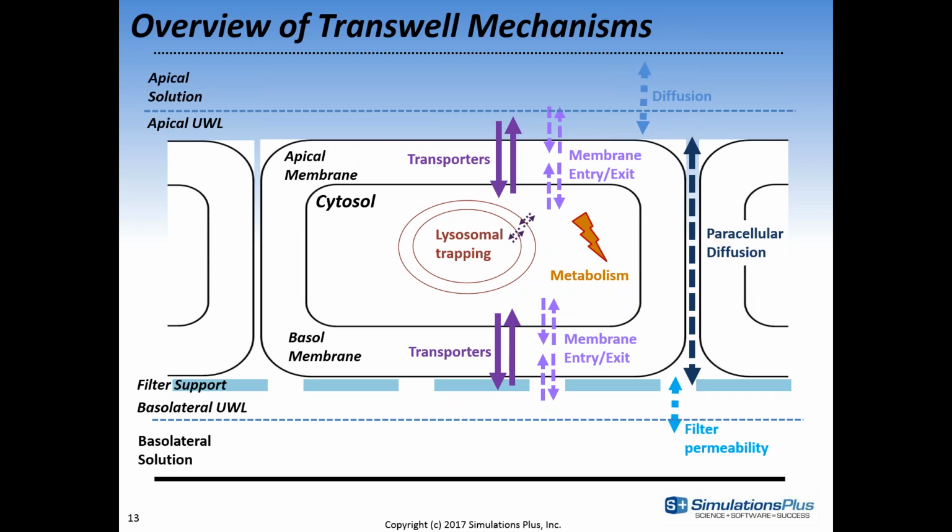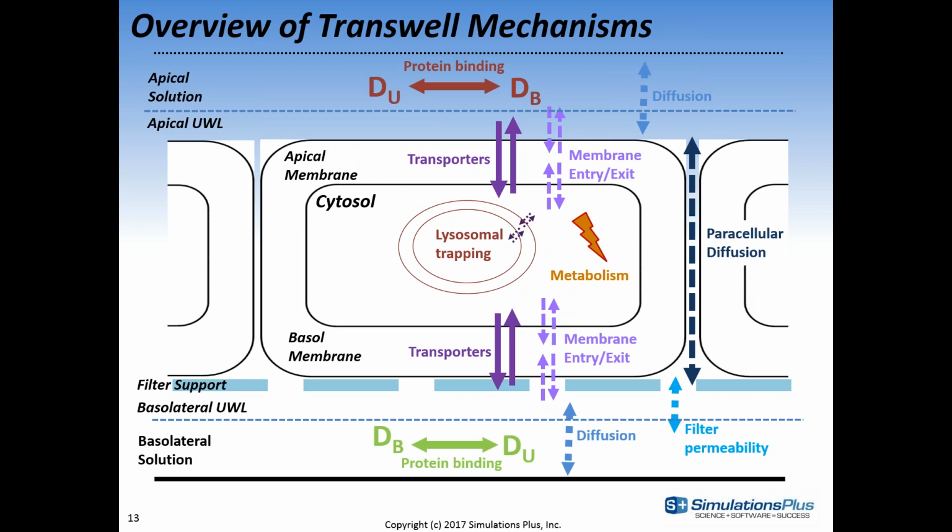At which point there's filter permeability, so the filter support provides some resistance to transport. In almost all cases, it is not limiting, but we provide that just to be thorough. And then there's diffusion through the unstirred water layer on the basolateral side. So all these mechanisms are calculated in the model itself.